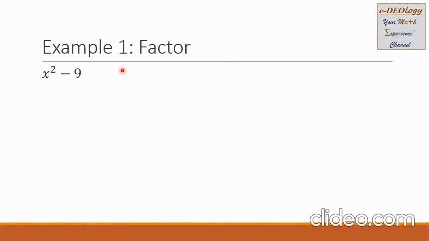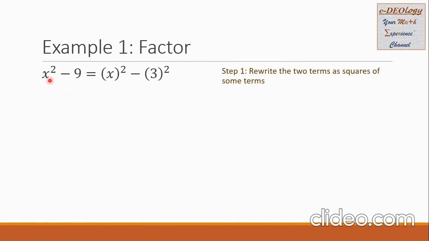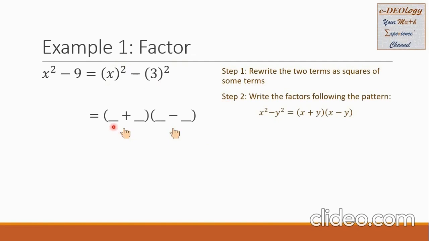Let us have example 1. Factor the binomial x squared minus 9. For step 1, we will rewrite the two terms as squares of some terms. So the x squared is now written as the square of x and then minus the 9 is now 3 squared. For step 2, we're going to follow this pattern. It means we expect two binomials in our answer.